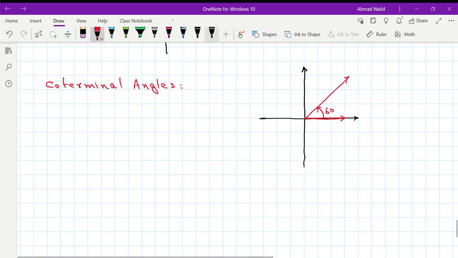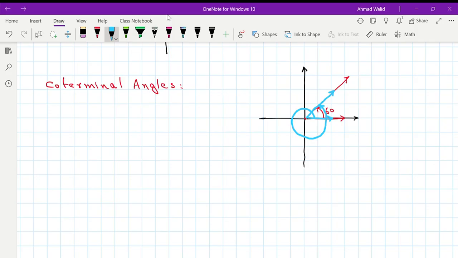Coterminal. If you do a couple of rounds, if I start again, if I have another angle, I'll use blue, the initial side lies on the x-axis again, and I do a full round like this, and my terminal side also should lie on the terminal side of the given angle like this. Hopefully you can see it in colors.